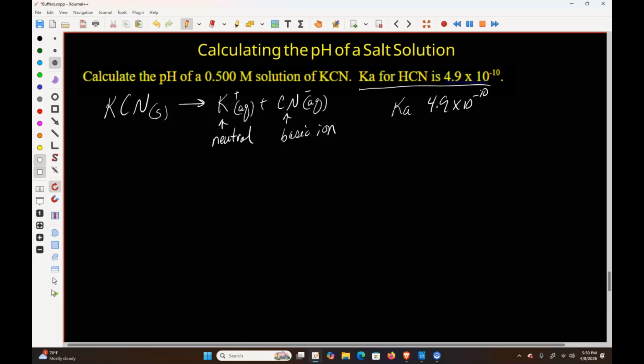Okay, let's do a little ICE table here. CN negative plus water.